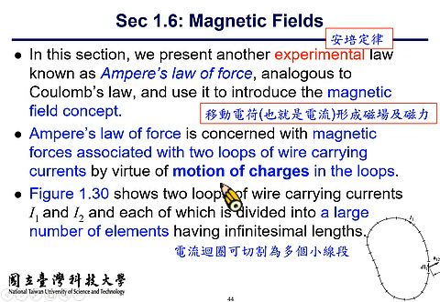The famous Ampere's right-hand rule tells you that if electrical current flows in the direction of your thumb, it will produce a magnetic field, and the direction of the field follows the rest of your fingers, in the right-hand fashion.